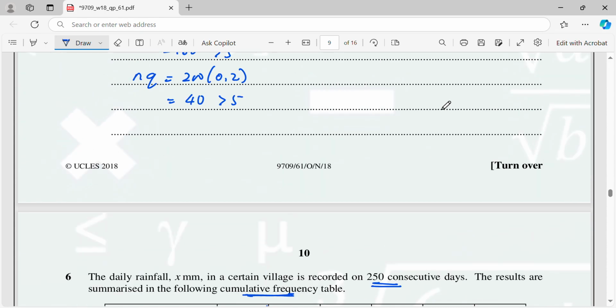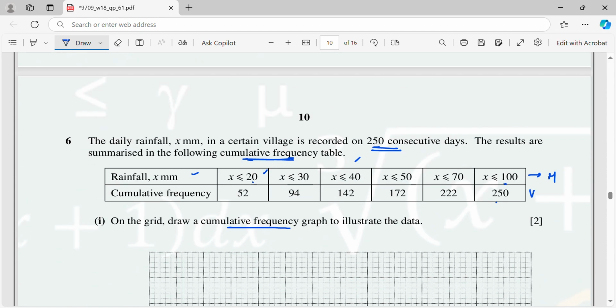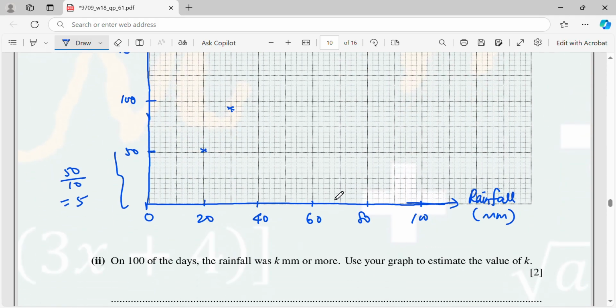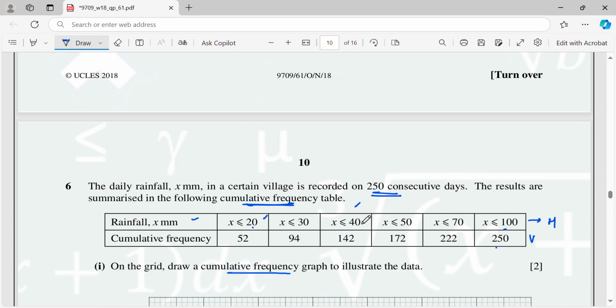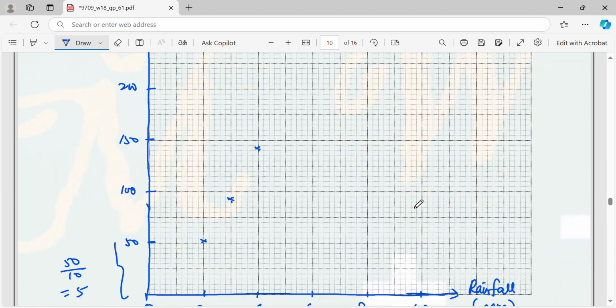Then less than or equal to 40 is 142. This is 140. Less than or equal to 50, 172. Okay, 15, 16, 17. So probably it is here.